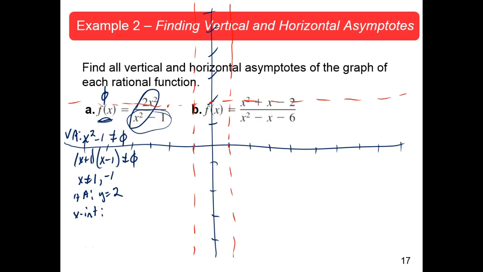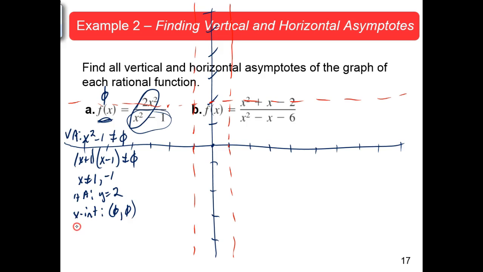What makes that numerator 0? x equals 0. So there's our x-intercept: (0, 0). Right there. Now, the sad news is that's also your y-intercept, isn't it?